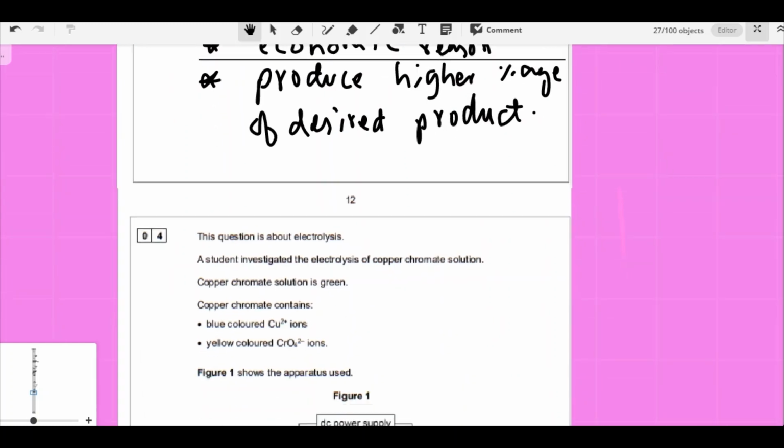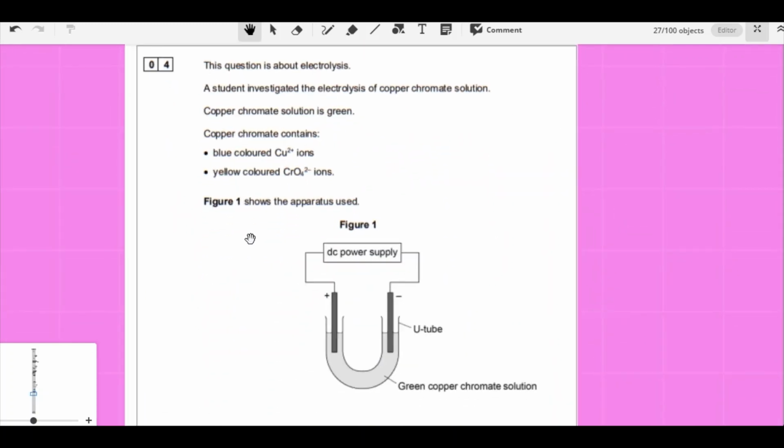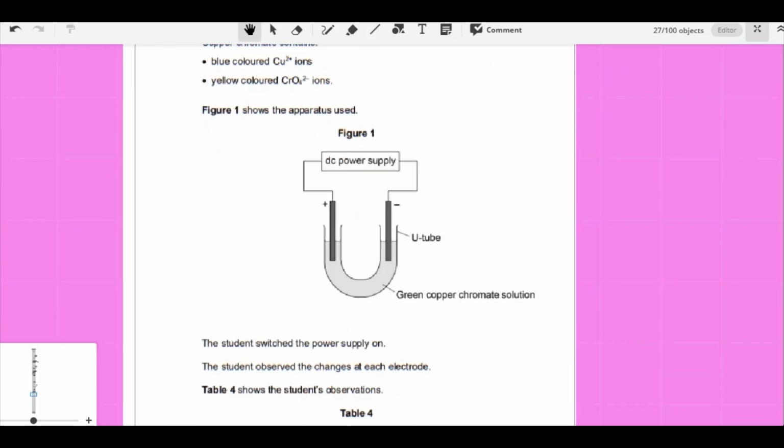Alright. Okay, next question. Question number 4 is about electrolysis. Here is the positive electrode and negative electrode, and they contain a green copper chromate solution. Here the blue colour is due to copper ions, and the yellow colour is due to chromate ions.